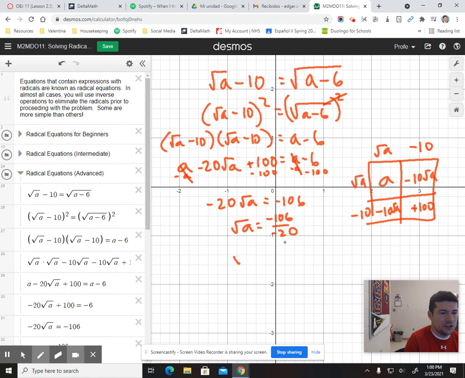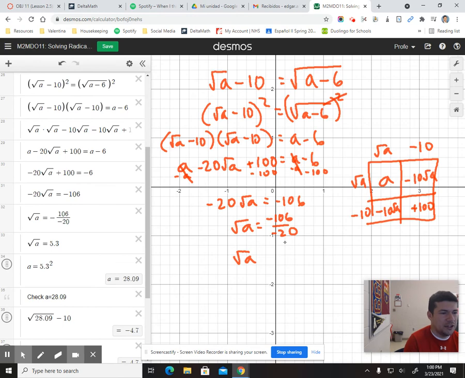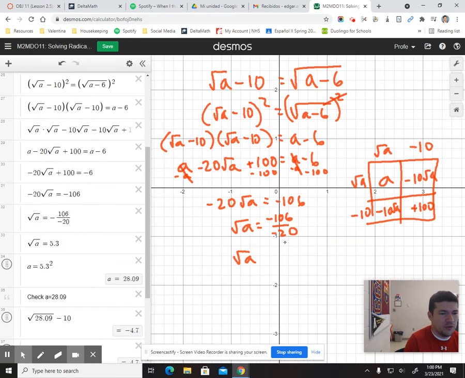I can run that through a calculator real quick. What is negative 106 over negative 20? And apparently it's 5.3. So the square root of a, maybe this will work, is equal to 5.3. So all I have to do now is square both sides. So I get a is equal to 28.09. And it's like, I have arrived, I got it, 28.09.